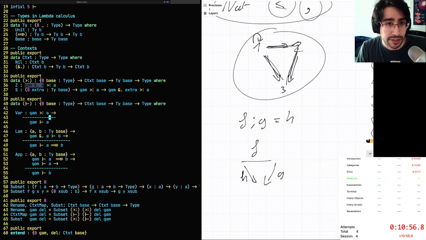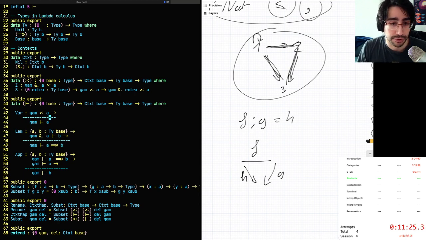See, this part here says we have gamma and an A, and this means we have A. So we need to find a way to express this thing. And finally, we need to have a way to talk about those rules that say, if I have a function body that assumes that A is in context, then what I can do is abstract over A and say A will come later, and this is now a function type.